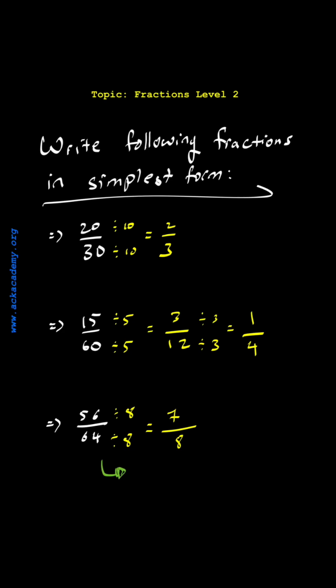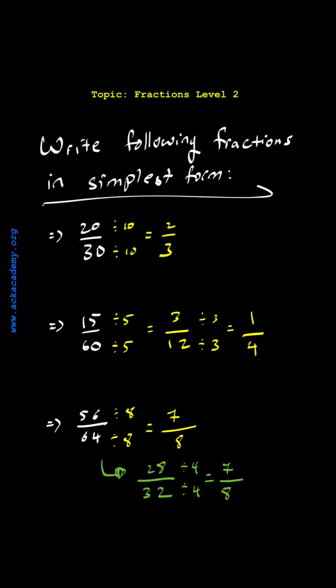What's 56 divided by 2? Well, 56 divided by 2 is 28. And then 64 divided by 2 is 32. Now, are there any numbers that go into both 28 and 32? Yes, 4. 28 divided by 4 is 7, and 32 divided by 4 is 8.